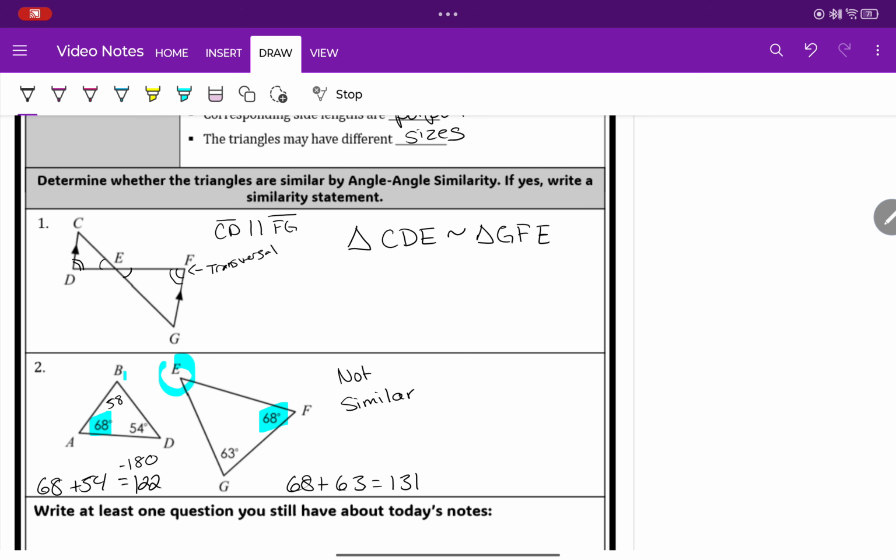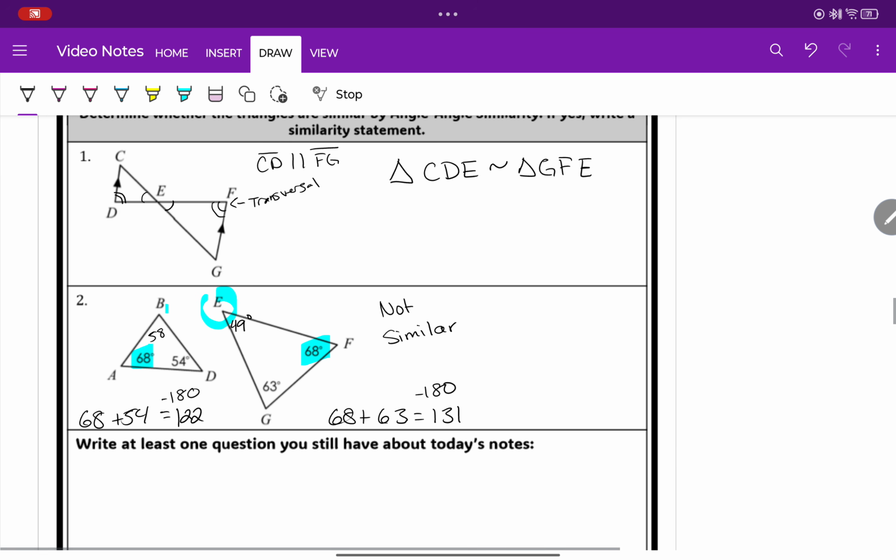When I subtract 131 from 180, I am left with 49 degrees. So angle E is 49 degrees, which means I do not have two congruent angles. So example 2 is not similar due to my angle-angle similarity.